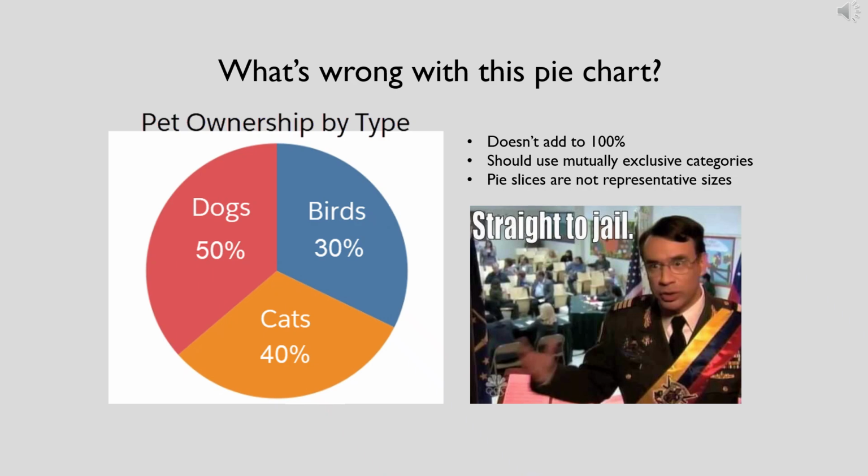And finally, the pie slices are not representative of the percentage of pet owners in each of these subcategories, right? So dogs, if 50% of people in the sample own dogs, that pie slice should be half of the pie to be 50%. So obviously there's a lot of things messed up with this. It's an affront and a crime against math and statistics, and the creators definitely should go to jail for that.